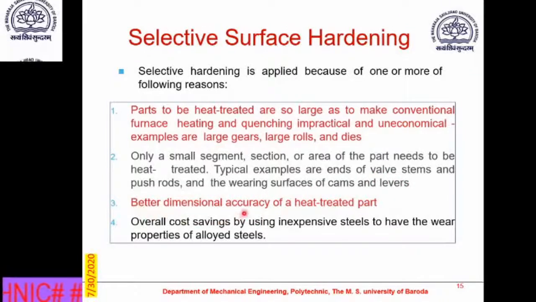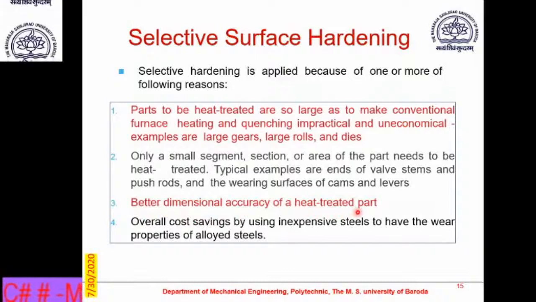Better dimensional accuracy of the heat treated part is achieved. Overall cost saving by use of inexpensive steels, that is low cost steels, to have the wear properties of alloyed steels.